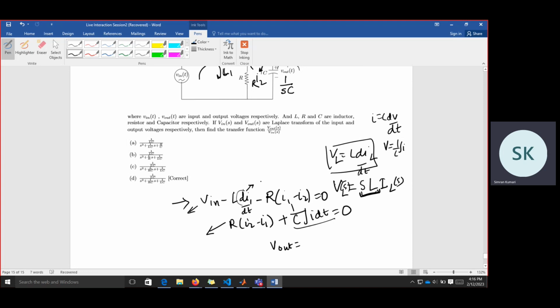So we can write it as sI, and then this will be simply I1(s) minus I2(s). Here we will have 1 by sC times I2 because this is I2, and we'll get equations in Laplace transform, and we'll solve these two equations to get V out by V in. If you solve this, it will come like this. You can try this on your own, just writing the equations and simplifying to V out by V in.